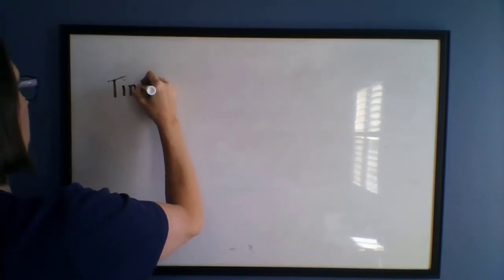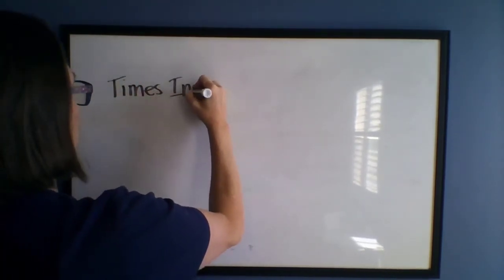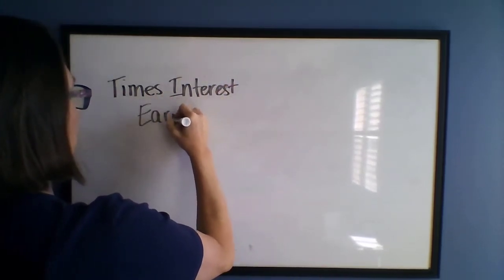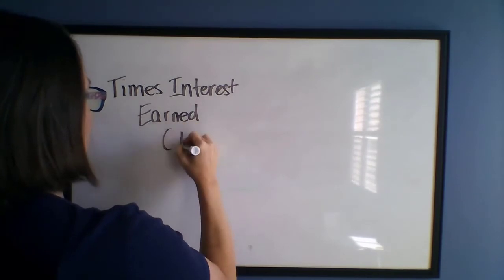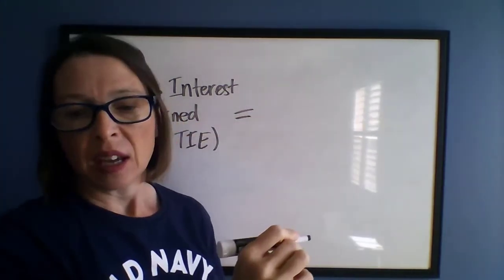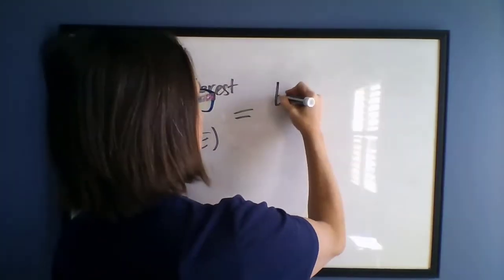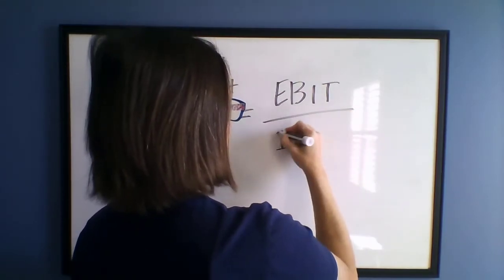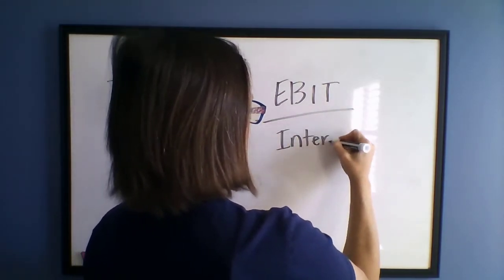The second ratio in this long-term ratios group is times interest earned, which can be abbreviated as TIE. This ratio is going to be EBIT divided by interest.